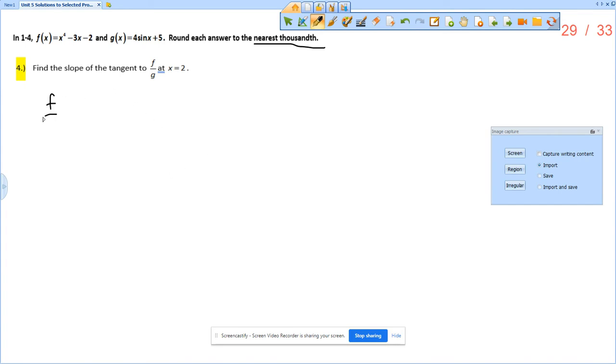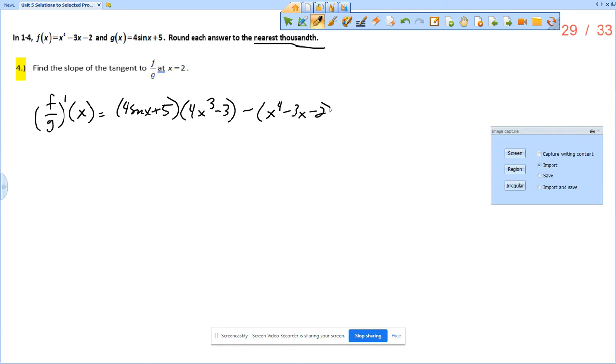So we want (f over g)' of x, and then we're going to plug 2 in. Using the quotient rule, we take 4 sine x plus 5 times the derivative of f, which is 4x cubed minus 3, minus the numerator, x to the fourth minus 3x minus 2, times the derivative of 4 sine x plus 5, which is 4 times cosine x, all divided by the denominator, 4 sine x plus 5, quantity squared.